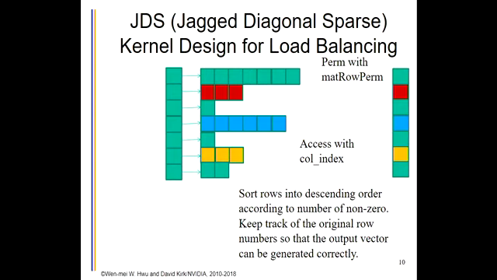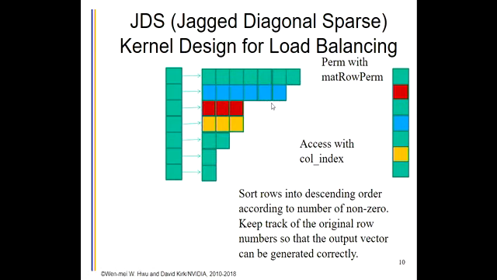So if I have a sparse matrix with widely varying numbers of non-zeros in each row, I sort them according to length, from the most to the least, and then there will be some zero ones here. When I sort them, I'm changing the order of these rows, but I still need to make sure that they write into the right Y element.